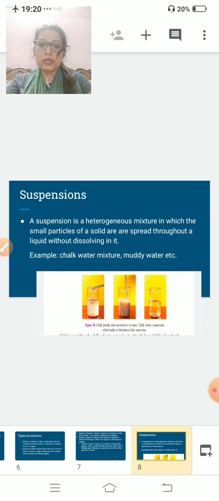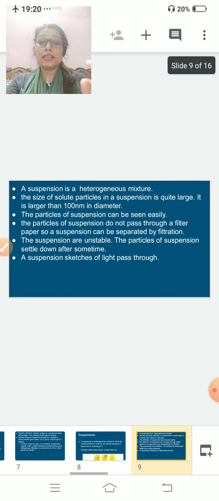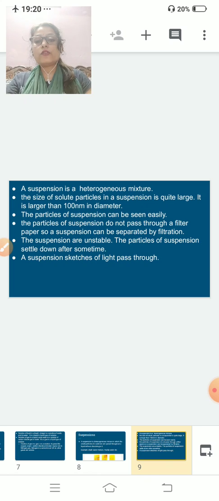Now, suspension. Suspension is a heterogeneous mixture in which you can see the separation line. An example is chalk water, sand water. Why? Because these particles of solute are very unstable. If you stir it, the particles will come up, and if you stop stirring, they will settle down.